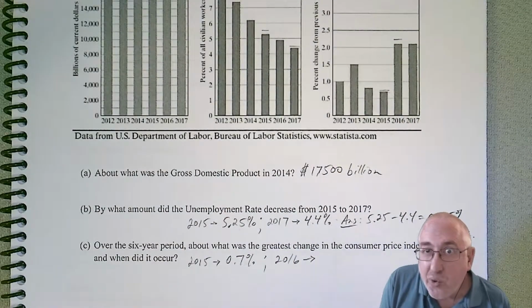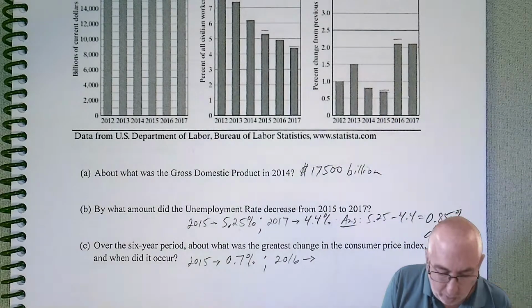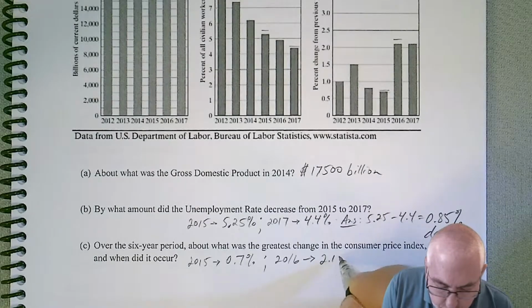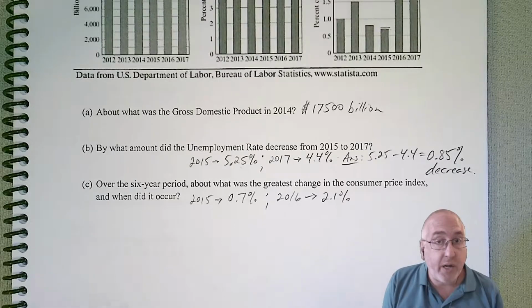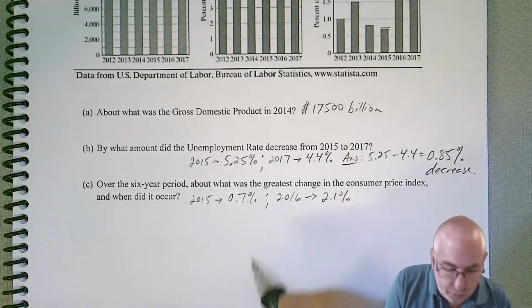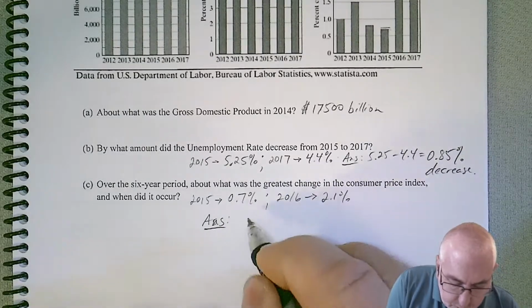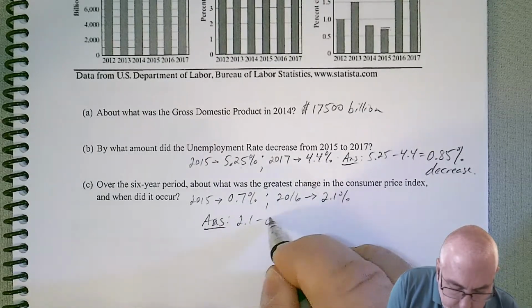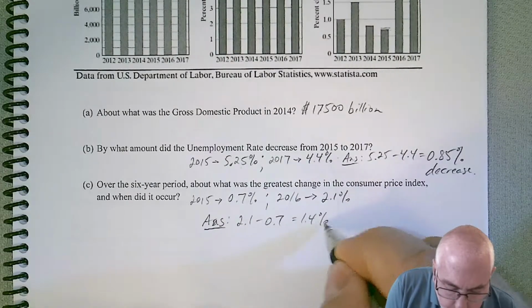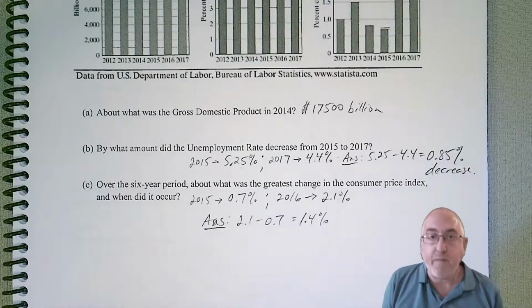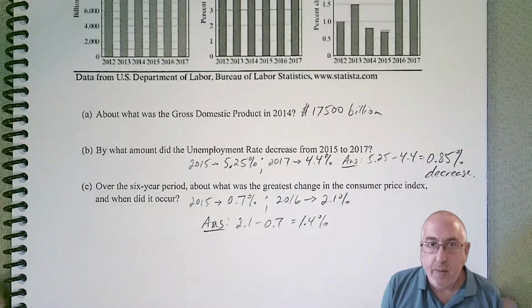That would be 2.25. It's pretty close to 2.1, I would say. So what was the greatest change? Last step is to subtract. So 2.1 minus 0.7, I think we can do that in our head. So 1.4%. So that was that greatest change.